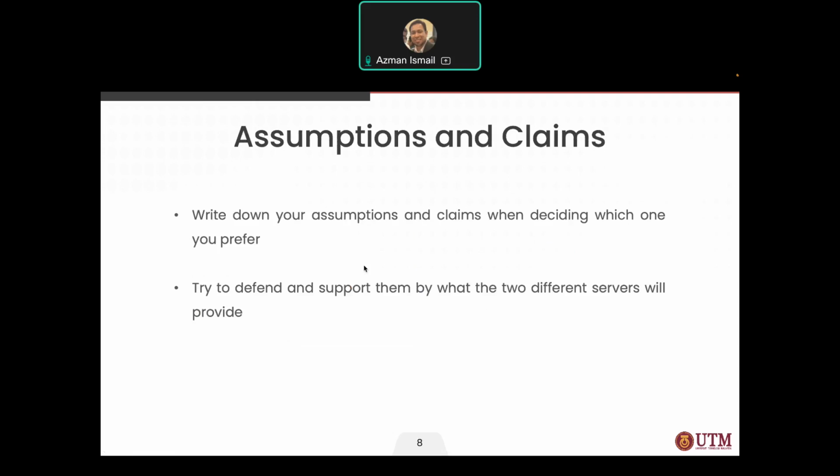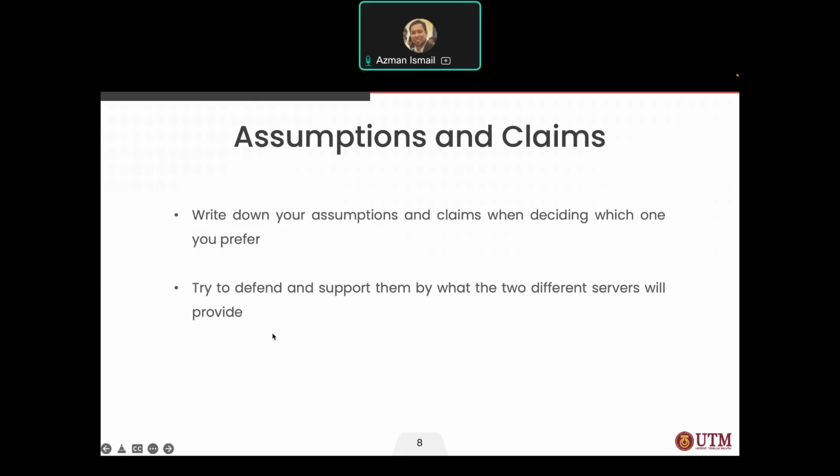Okay, even in our life, we always make assumptions and claims. Sometimes our assumptions and claims are not based on facts and figures. Okay, in HCI, you need to make your assumptions and claims more strategic and more based on facts and figures. Then you will solve a lot of problems.